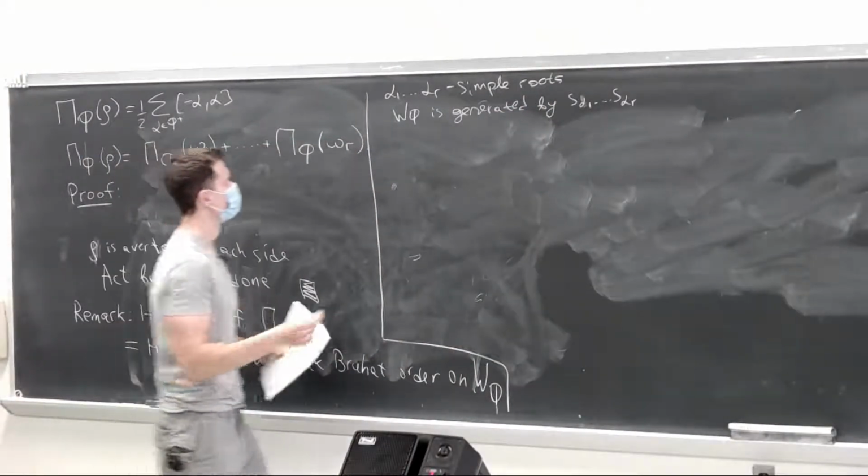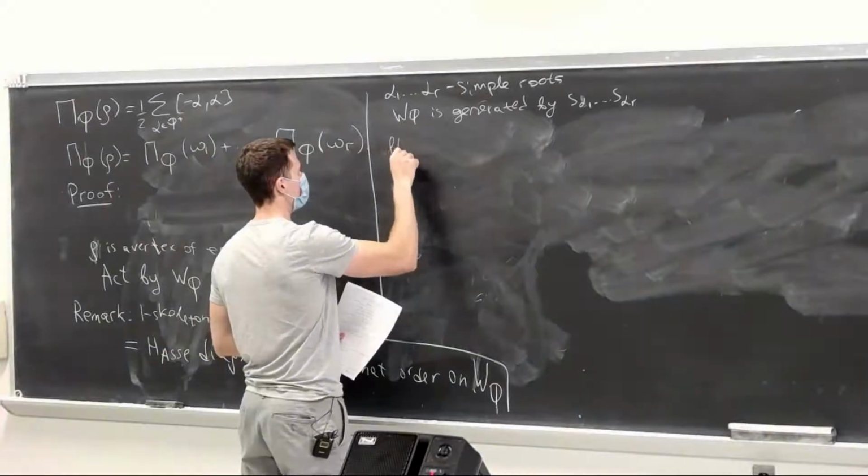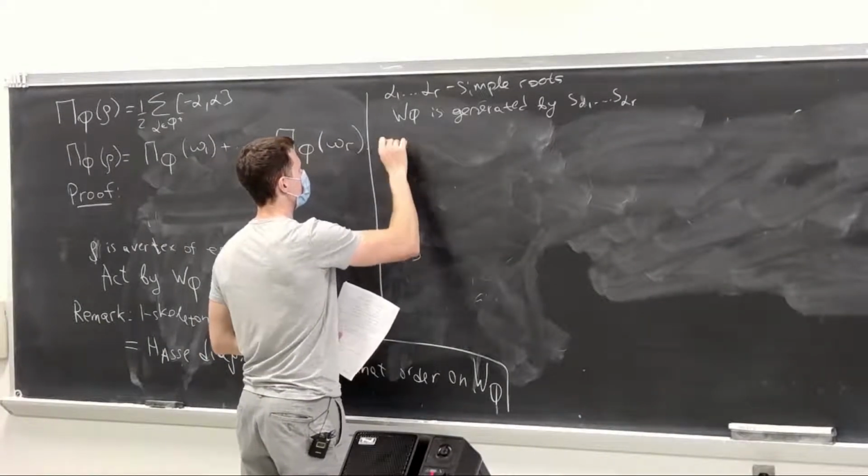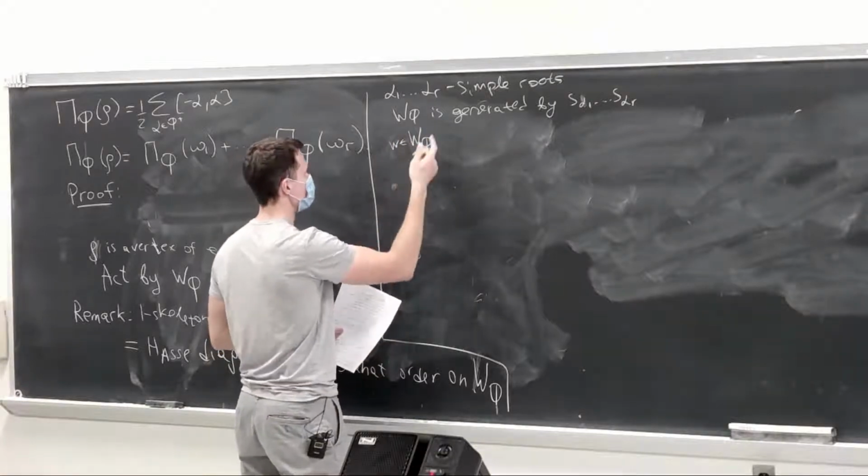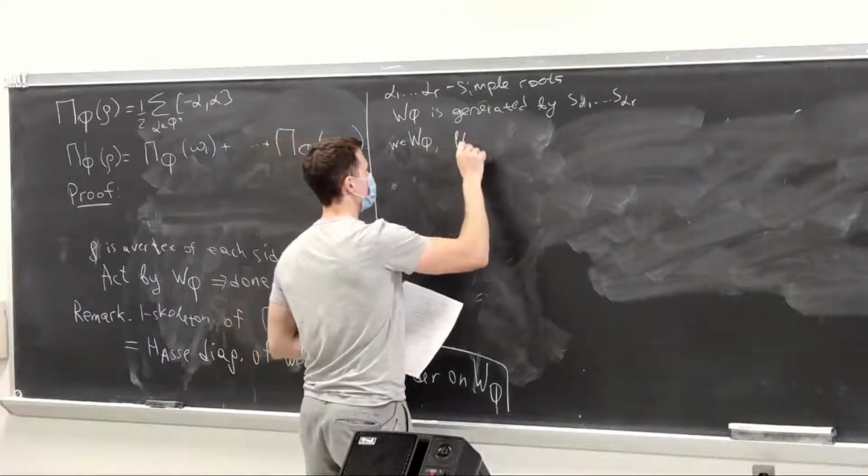And in particular, for W, a sort of generalized permutation, an element of the Weyl group, you can define the number of inversions.